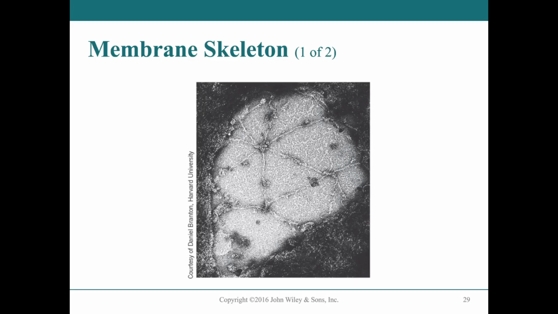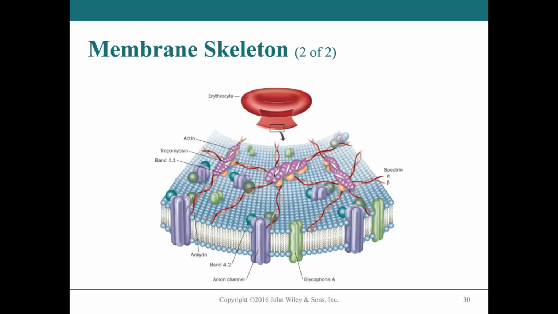For example, the shape of the red blood cells, which is somewhat like a flat donut, and even the shapes of your neurons. So you have these characteristic star-like shapes. Although the membrane is fluid, they can hold their shape, and they are also flexible enough for the cells to adapt. So here is the diagram of that part.